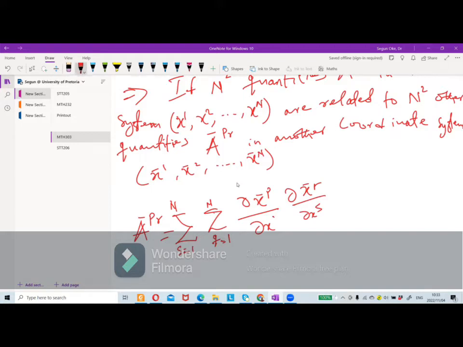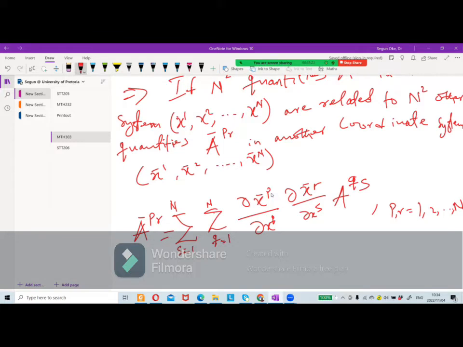This is raised to power q, since we are working with p. So everything multiplied by A^{qs}, where p, r is the same thing as 1, 2 to n.